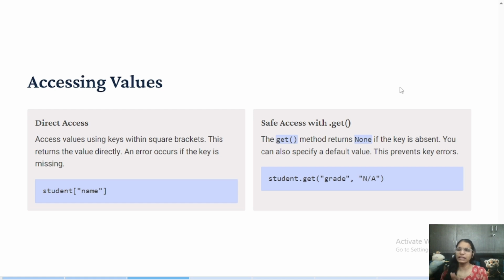For direct access, taken from the previous example, it is student, which is the dictionary name, and square brackets and the key name, which is name, which gives you its value, which is Alice, as you can see in the previous example. Or you can use get; if there is no key, it will not crash the code.